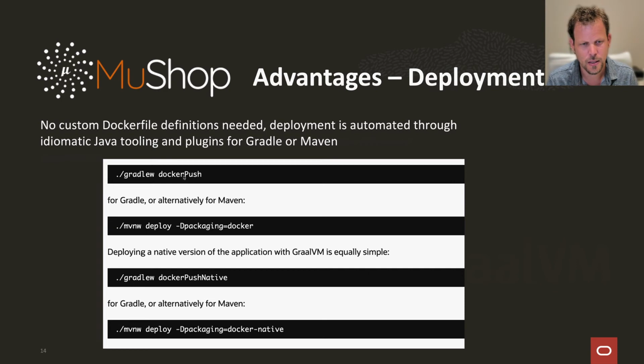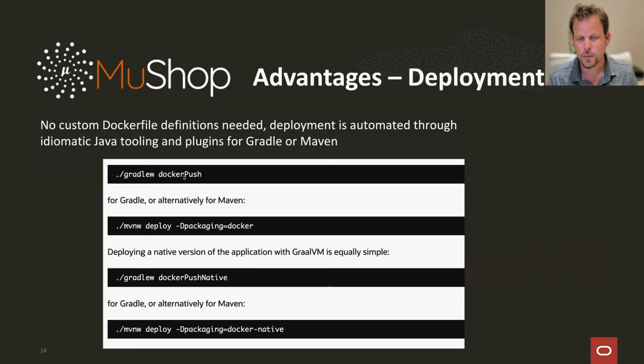Okay, so in addition to that, deployment is again automated, rather than in the original MuShop application where everything was kind of manually crafted Dockerfiles. Micronaut has built-in Java tooling and build tooling for both Gradle and Maven for automating the deployment of your application to Oracle Container Registry and the automatic generation of Docker definitions.